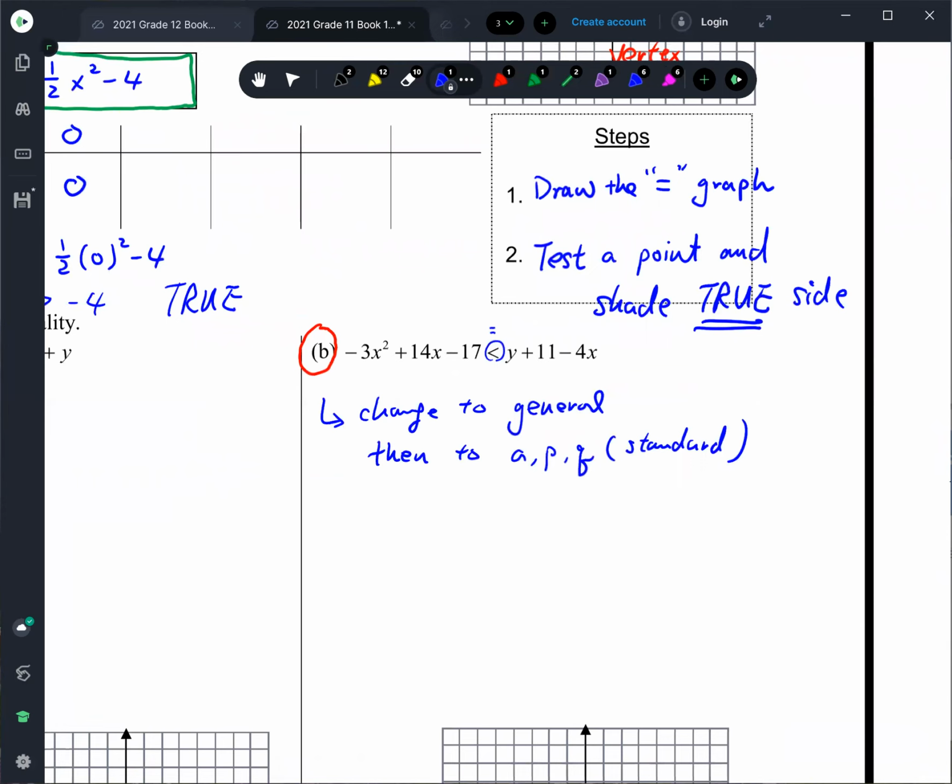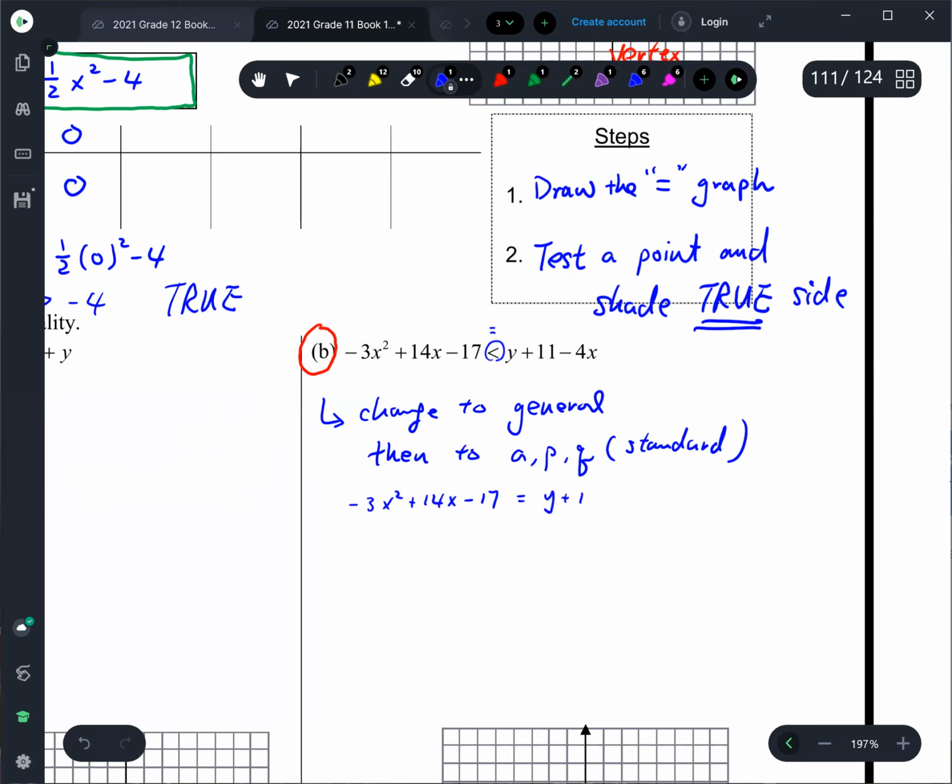Everyone, please change this to general form by yourself. Pretend it's equal, and then change to standard. If you forgot how to change to APQ form, you have to go to the quadratic function chapter: factor A, divide by 2, balance.